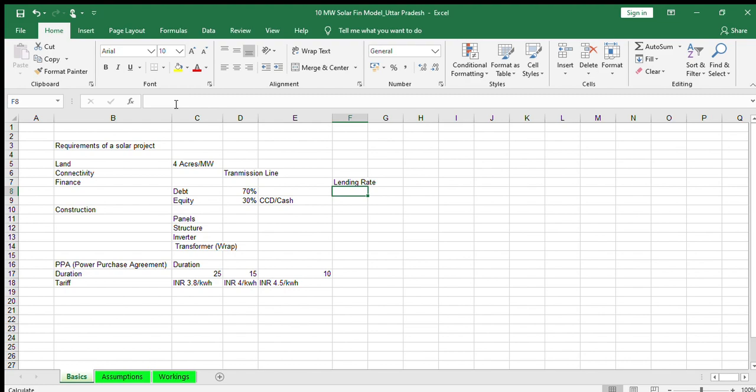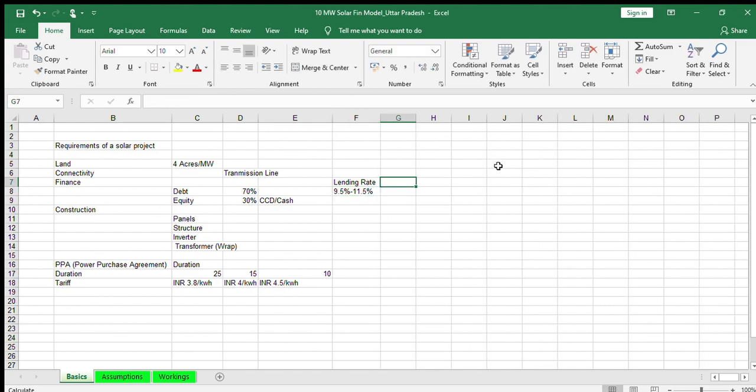It could be 9.5% or it could be 11.5%, with a moratorium, which is the period where you don't have to pay back. Moratorium in India is typically around 6 months.